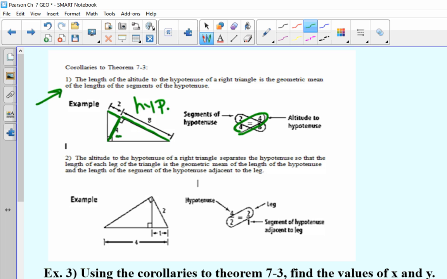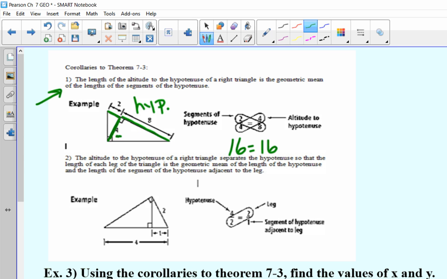Well, now they gave us a geometric mean, 4, and then we took the two segments of the hypotenuse and put them opposite each other. In this case, we don't have a variable. They actually gave us measurements, but they're using it to prove this corollary. So 4 times 4 is 16, and 2 times 8 is 16.